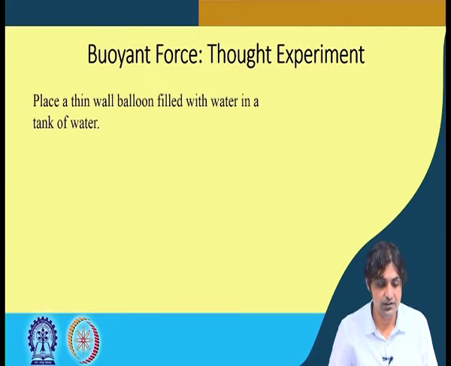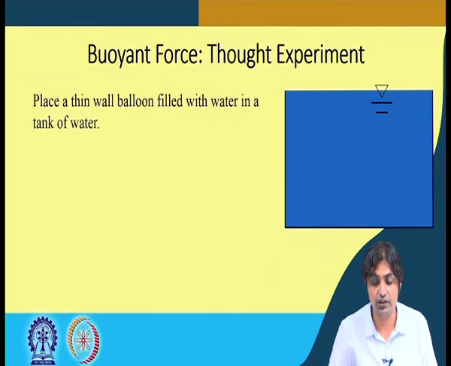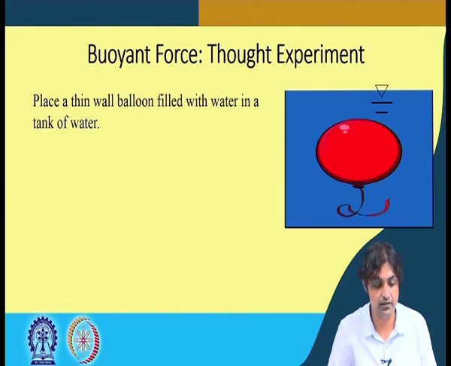If you try an experiment, you place a thin balloon filled with water in a tank of water, something like this. So this is the balloon, and it is filled with water, and it is placed in a tank of water.